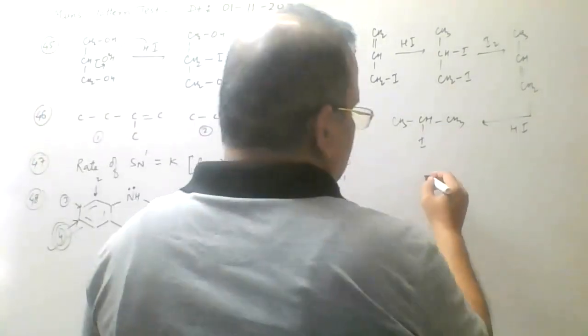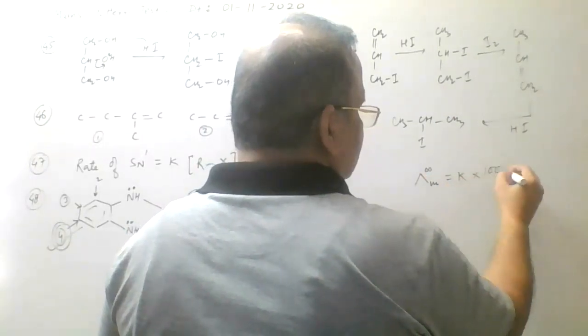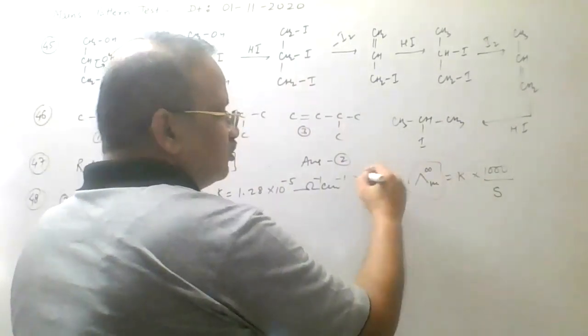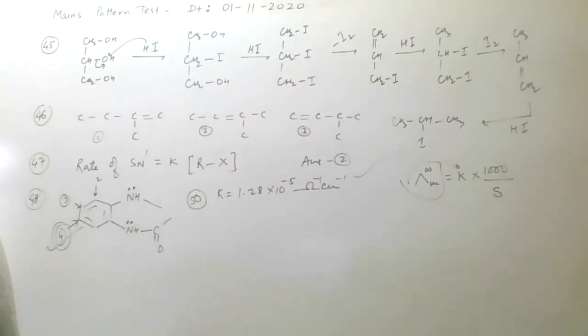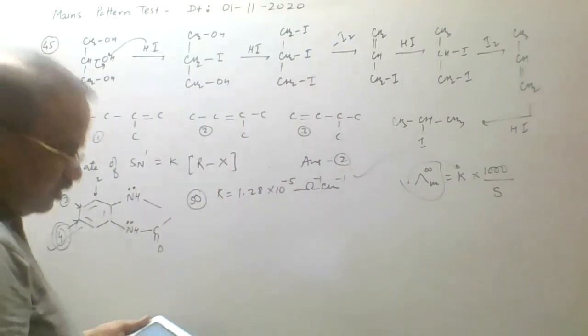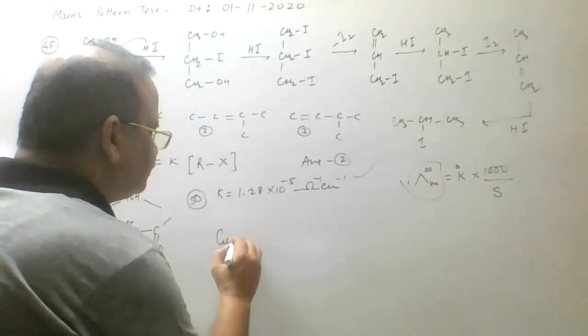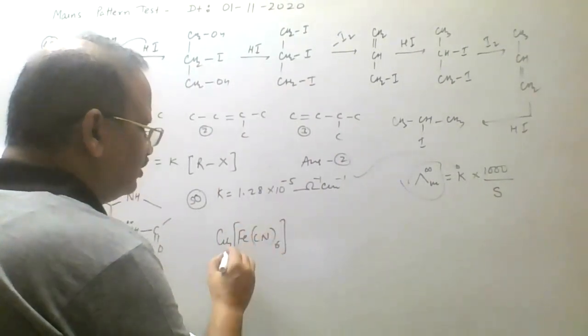We know that the molar conductivity at infinite dilution will be equal to kappa into 1000 divided by the solubility S. Now we only require this because kappa is already given to us. We only require the calculation of the molar conductivity at infinite dilution. That can be easily calculated because we have to calculate the molar conductivity of Cu2[Fe(CN)6].